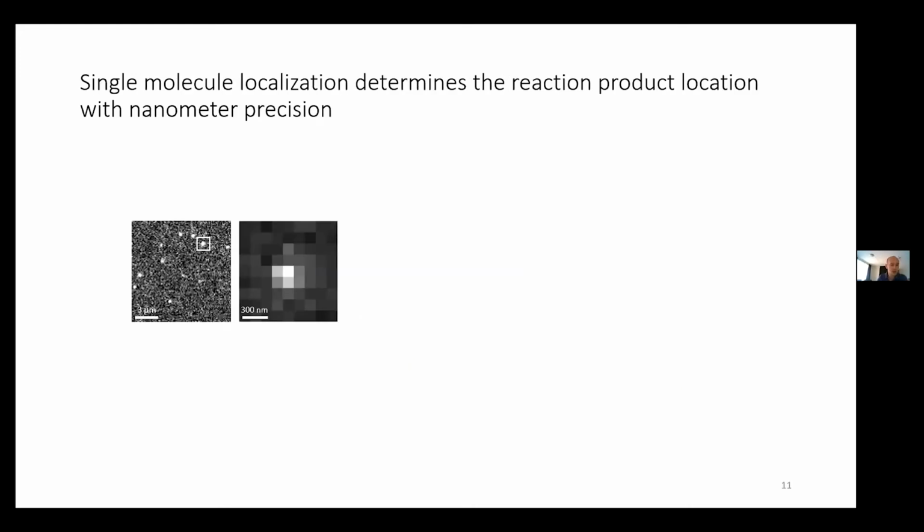Here you see an example on the left-hand side: a field of view of multiple catalytic reactions happening at the same time. Then if we zoom into one, you see that the emission pattern from one of these fluorescent products is quite large because this is simply limited by diffraction. And clearly this is much larger than the size of one gold nanorod.